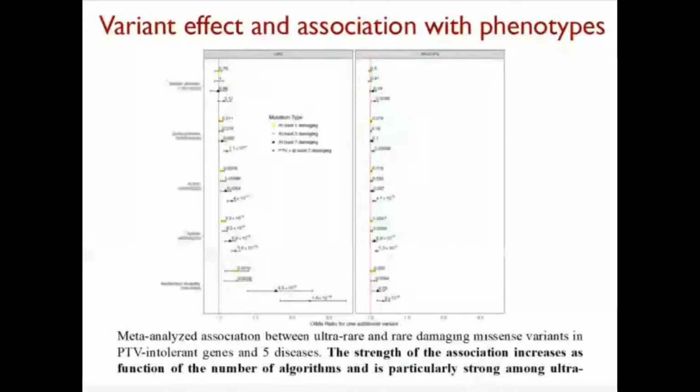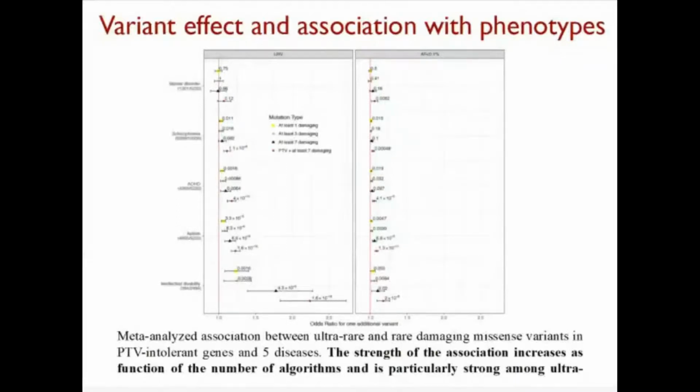And we considered only rare and ultra-rare variants with frequencies below 0.1%. And the x-axis shows odds ratios for each one additional variant. And the y-axis shows, for each disease, the number of methods that predict a variant as damaging.